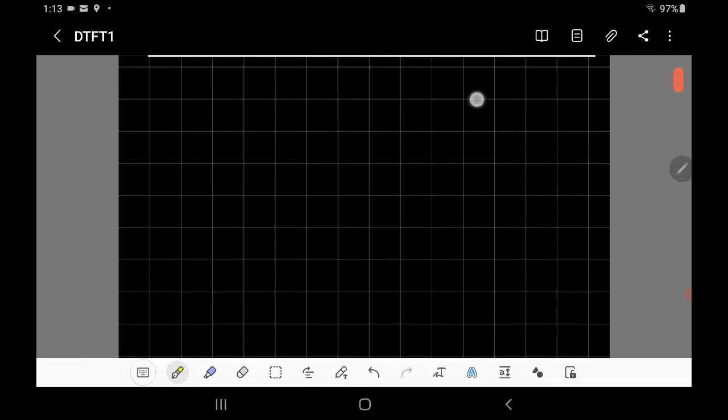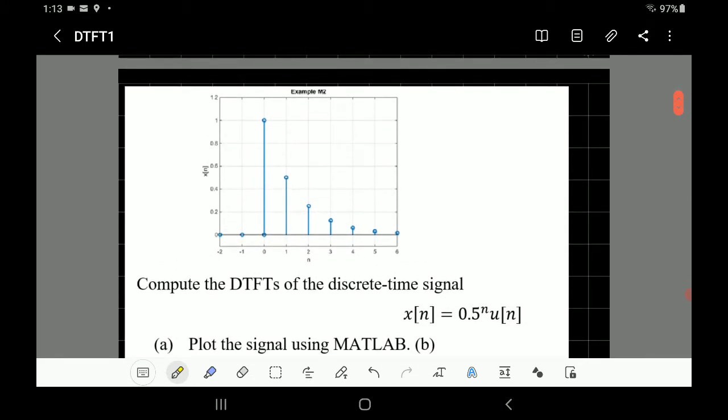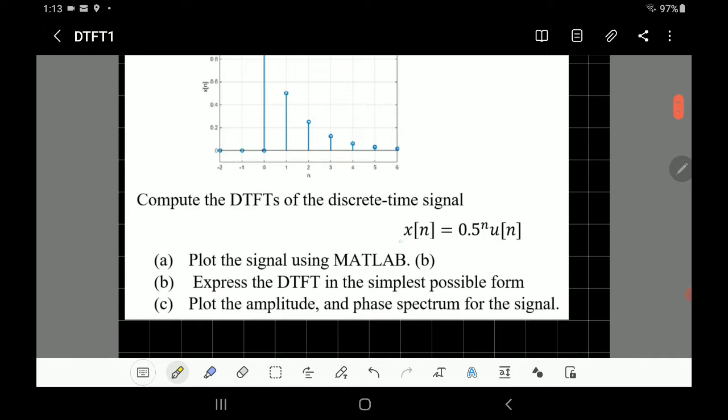That's the signal. It's defined by x of n equals 0.5 to the power n, like an exponential function, multiplied by u of n. U of n is the step.